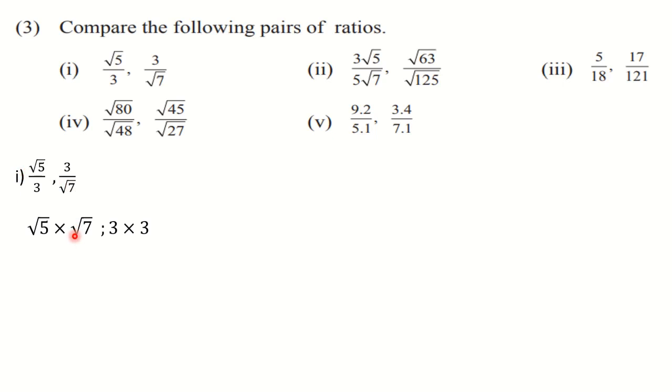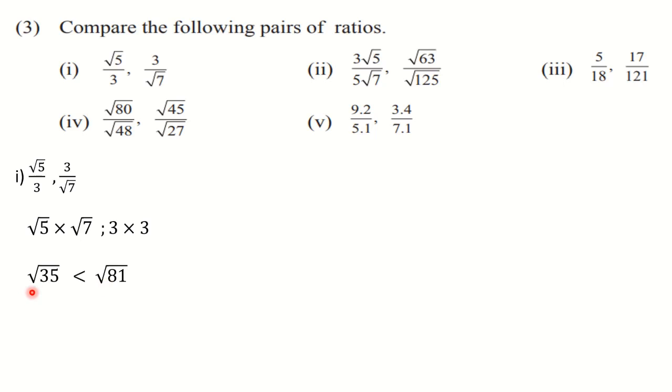Root 5 into root 7, and here 3 into 3. But what you can observe here is that root is present on the left hand side and not on the right hand side. So while writing the product, let us write it under root only. Root 5 into root 7 is root 35. And 3 into 3 is 9, which we can express as root 81.